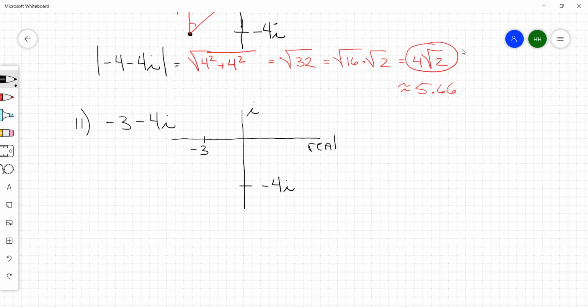Here's your point. That's your negative 3 minus 4i. You'll just have to match it to a graph tomorrow.